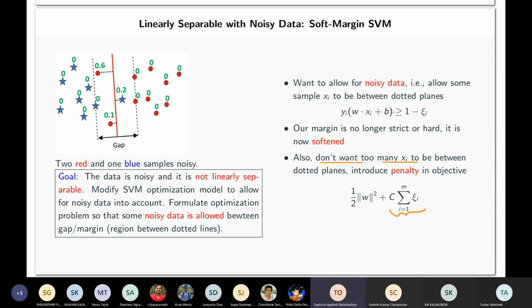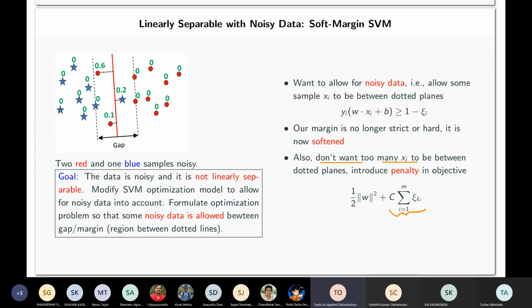Remember, ξi corresponds to xi, right? In our case, ξi we are thinking of, like, for some sample 0.1, 0.2, 0.6, right? So we don't want too many of these.